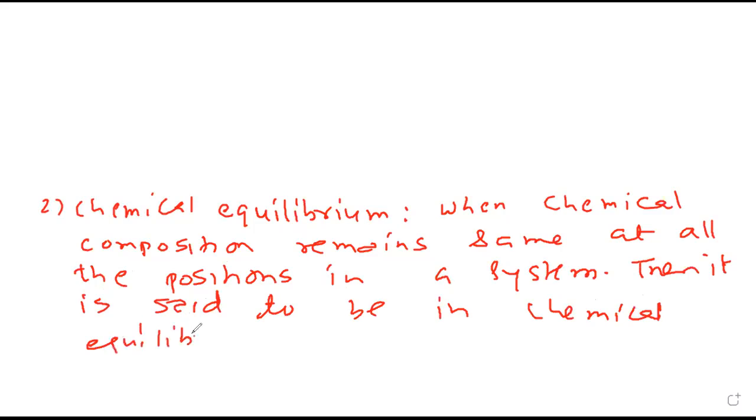So whenever we consider a container, every point of the container will have the same chemical composition. That is called chemical equilibrium. Right.